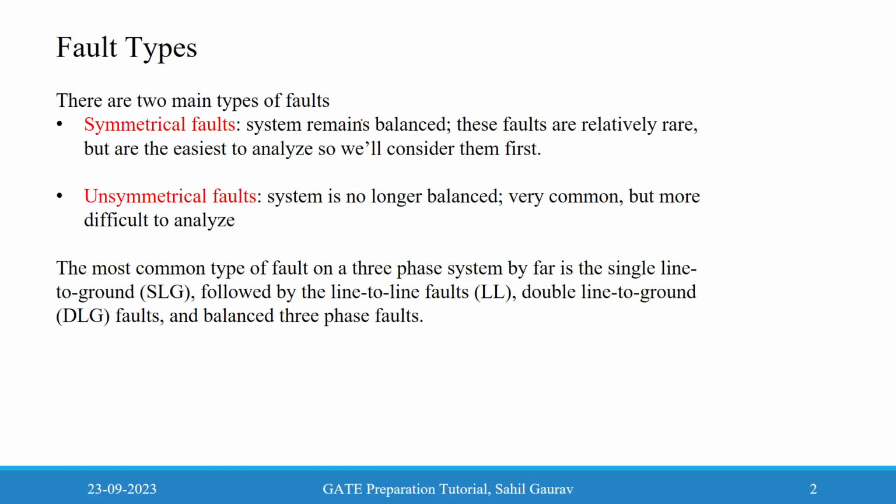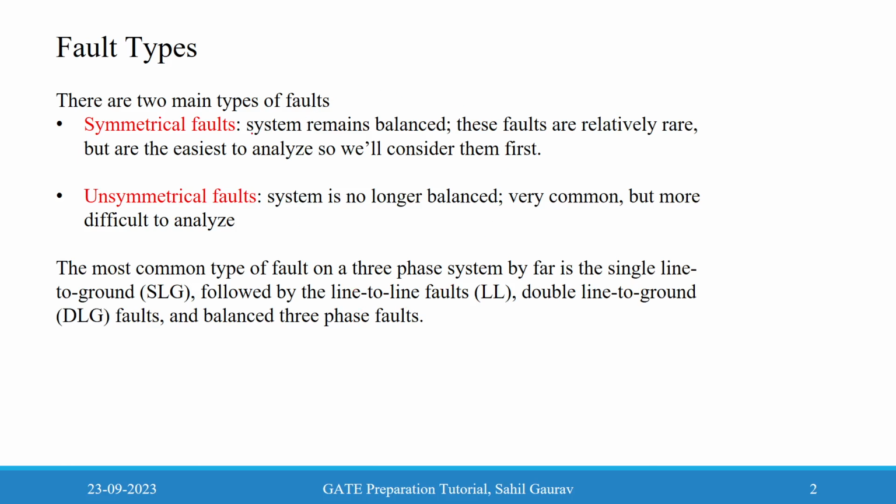And what are the unsymmetrical faults? In these the system is no longer balanced, and they are very common but more difficult to analyze. The most common type of fault on a three-phase system by far is the single line to ground (SLG) fault, followed by line-to-line (LL) faults, double line to ground faults and balanced three-phase faults.